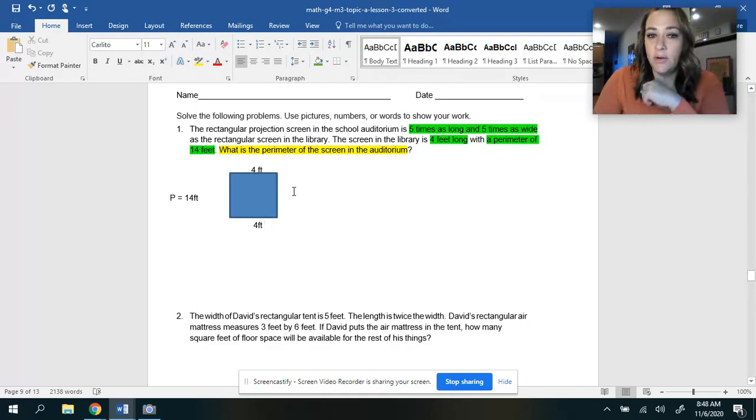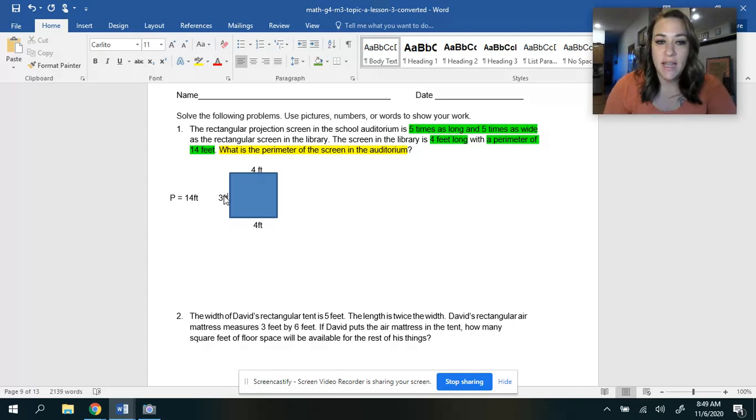Well, for us to figure out our width, if we already know our perimeter, we can say 4 plus 4 is 8. Okay, so if we find the difference between 14 and 8, 14 minus 8 leaves us with 6. My width is not going to be 6, but the total of my 2 sides is going to be 6. So if I break that in half, that lets us know that my width is going to be 3 feet because half of 6 is 3.